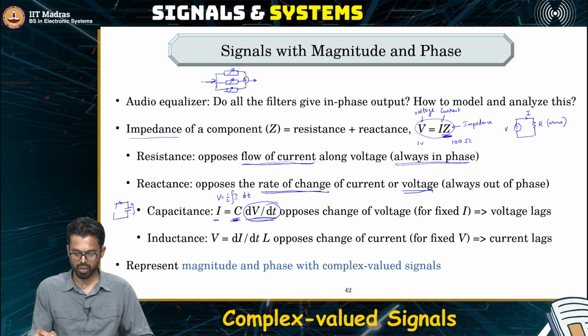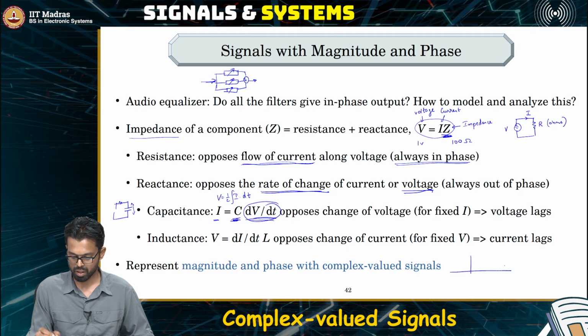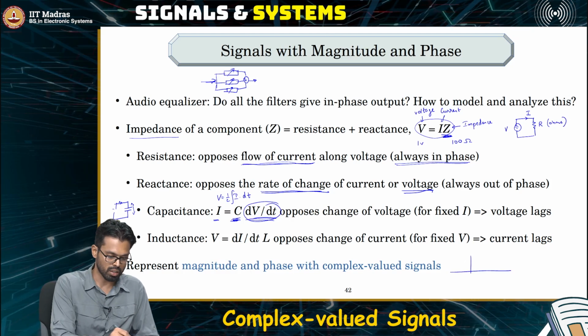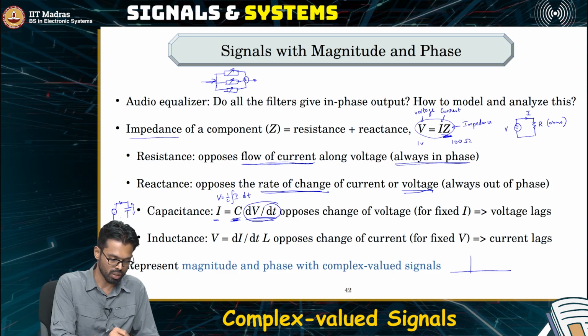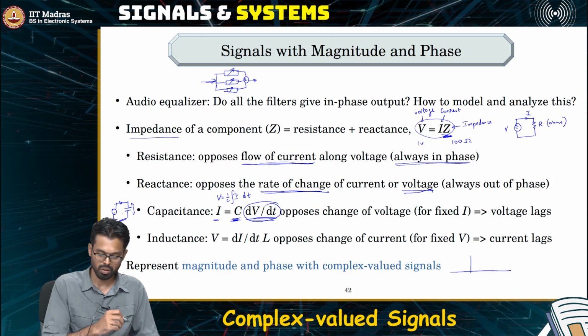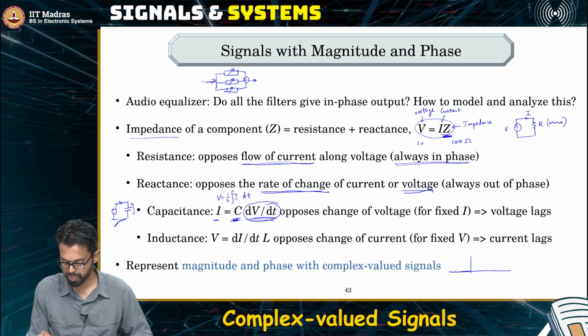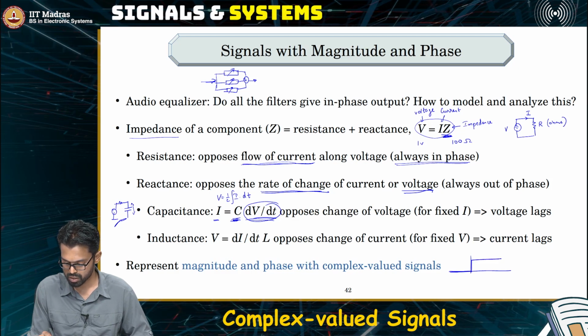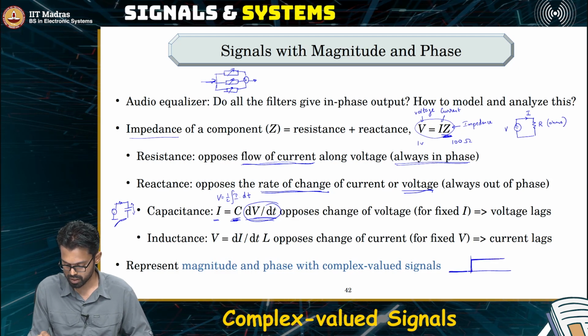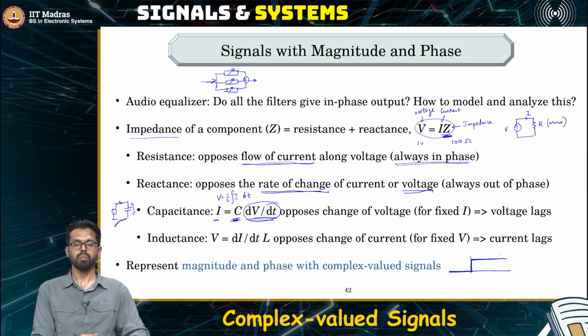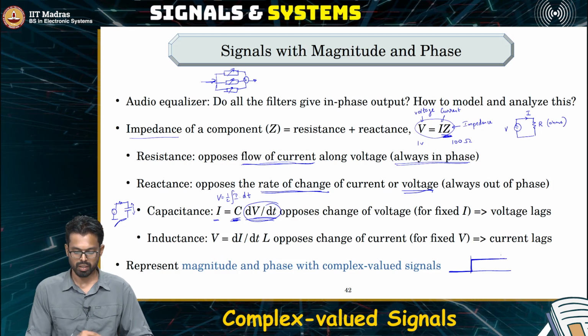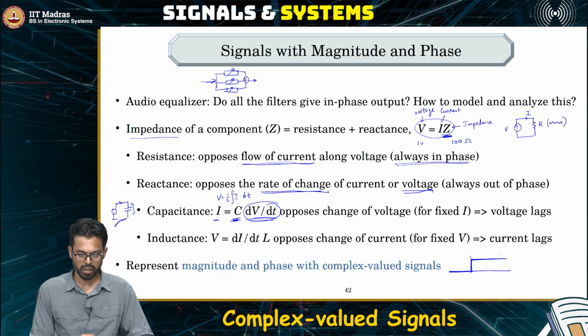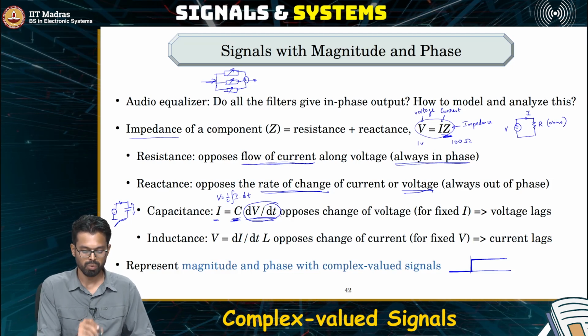In other words, if I have a current, let's say you just have a current source here and then you have a switch and then you close the switch. So when you close the switch, you have a current which is rising up like this, right? But if current is immediately rising up, then what happens to the voltage?